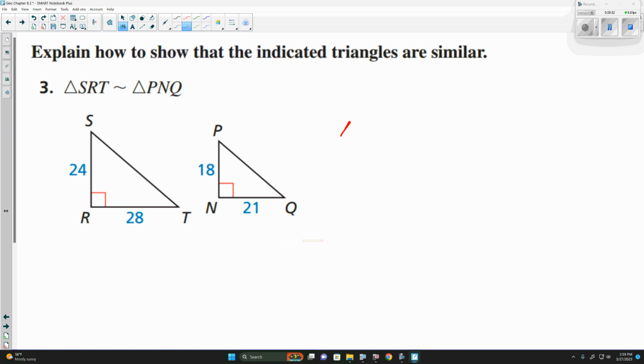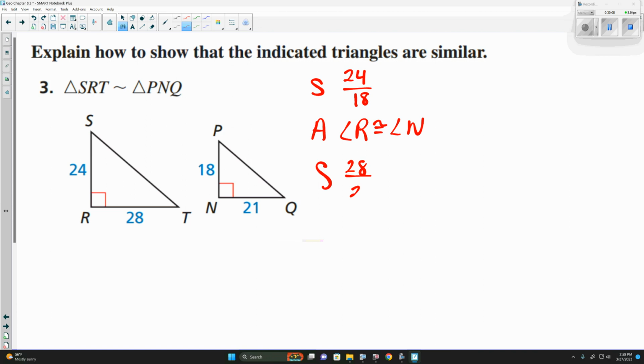Now, angle R is congruent to angle N, yes? So this is our angle. Now we need to show our two sets of proportional sides. So I need to pick one of the two sides on SRT. So 24 and 28. 24 is the smaller of the two, so we would indeed pick 18.